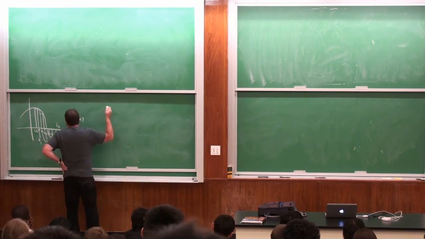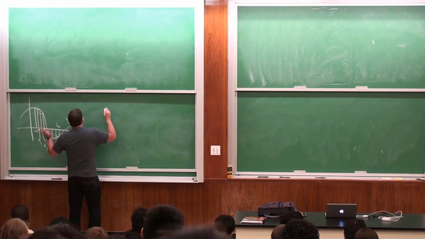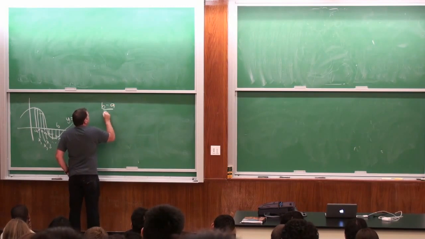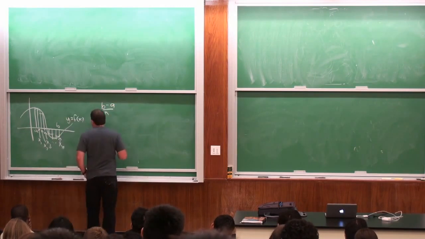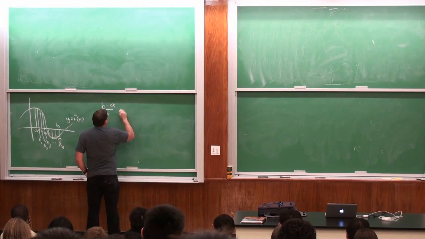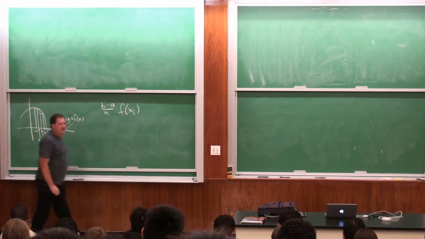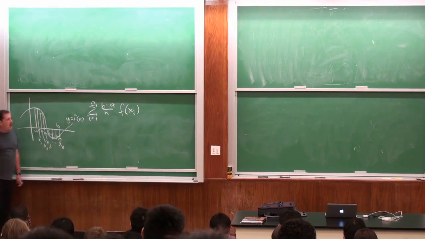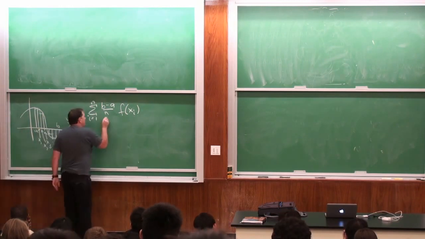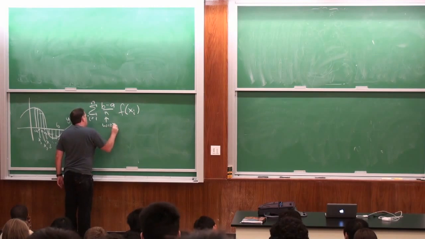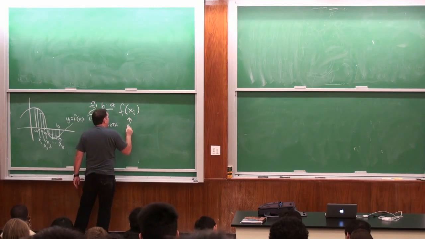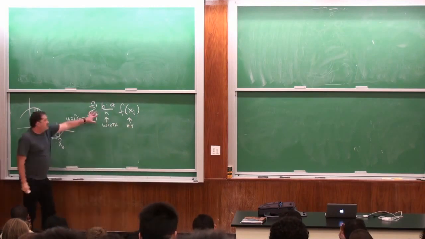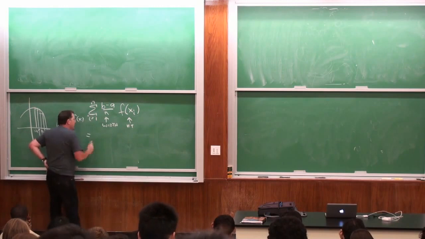So that would be written as, well, the width of each rectangle is big, and the height of each rectangle is the function value there, and I just add them up. So for those of you that forgot, this is the width, the height, the location.